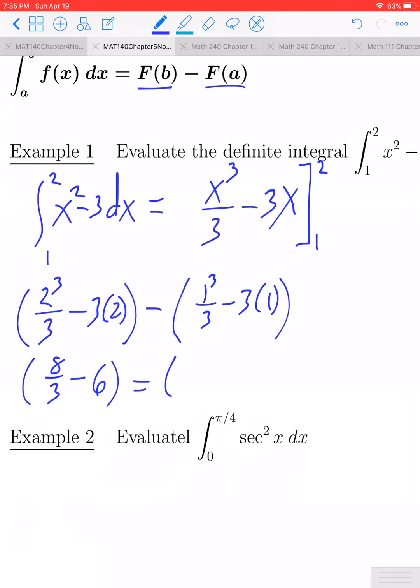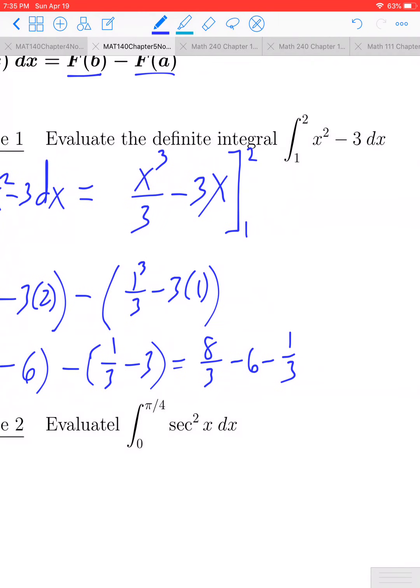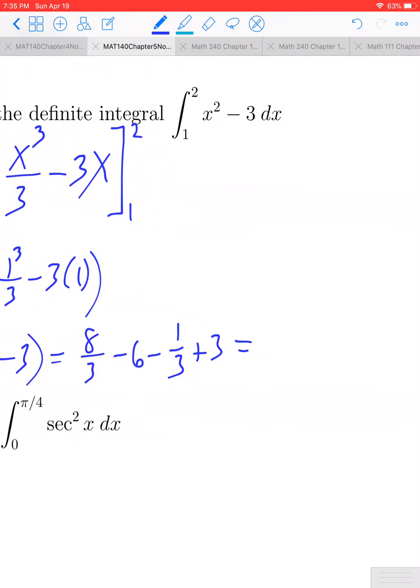It's going to be equal to, minus 1/3 minus 3. I'm going to distribute the negative sign through. We have 8 thirds minus 6 minus 1/3. A negative of a negative 3 will become plus 3. So this is going to be equal to 8 thirds minus 1/3 is 7 thirds.